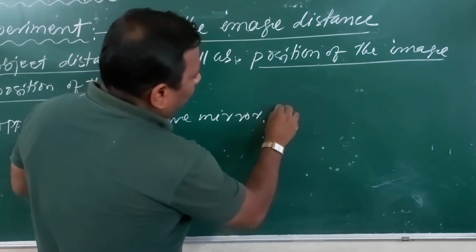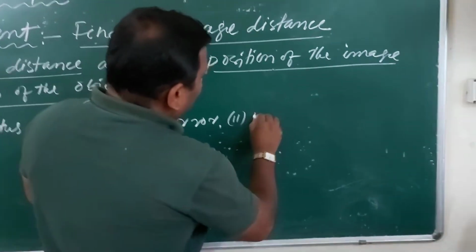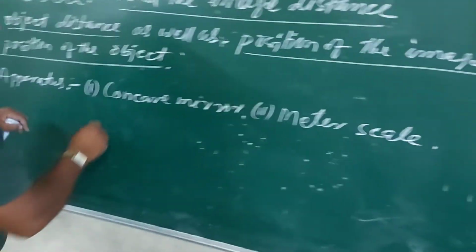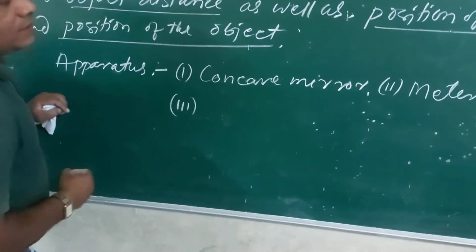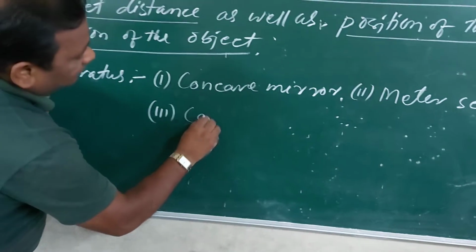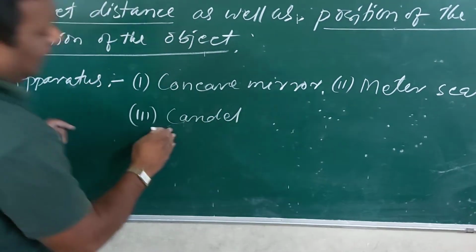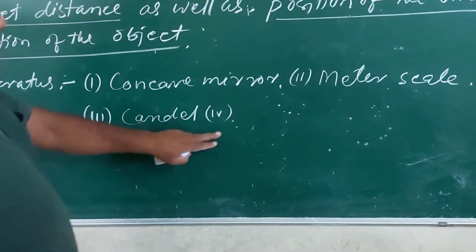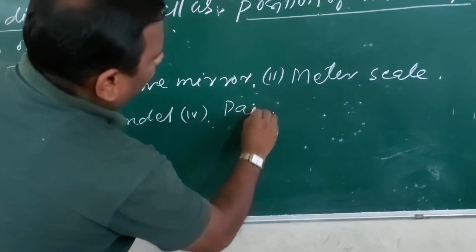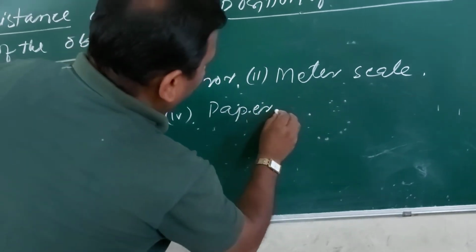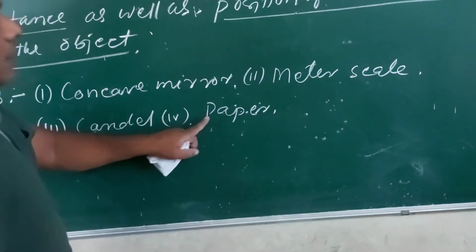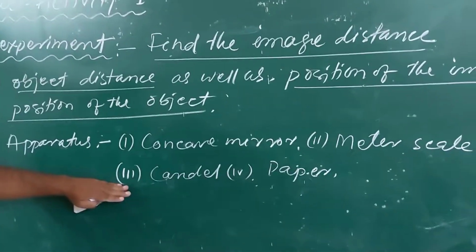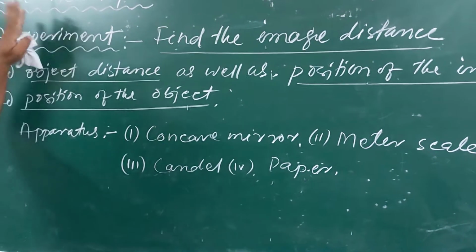The second one required is a meter scale, and the third apparatus required is a candle. The candle means what? That is the source of the light, right? Candle. And the fourth one is the paper. So the fourth one, paper, is required. This apparatus is necessary for conducting this experiment.